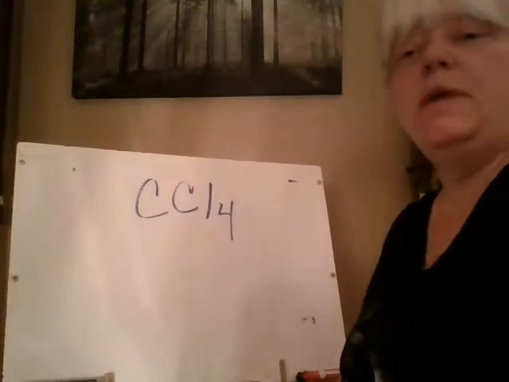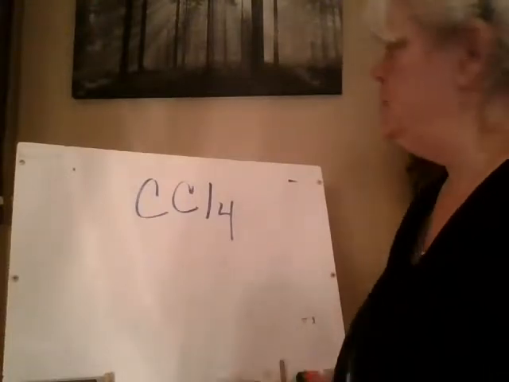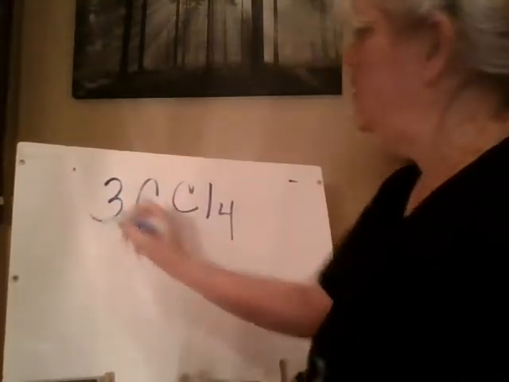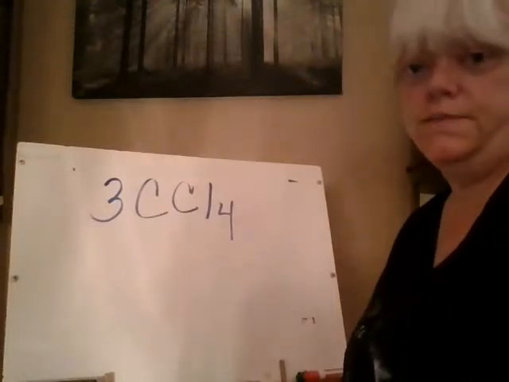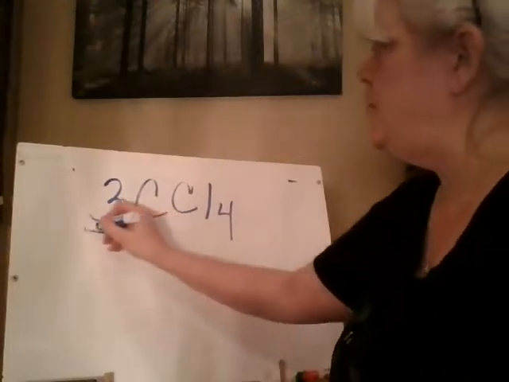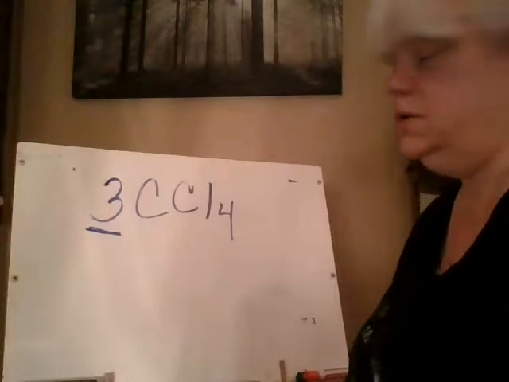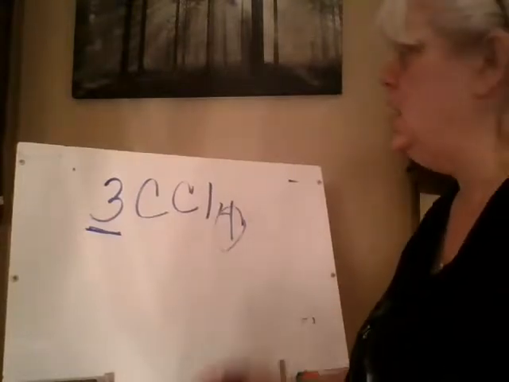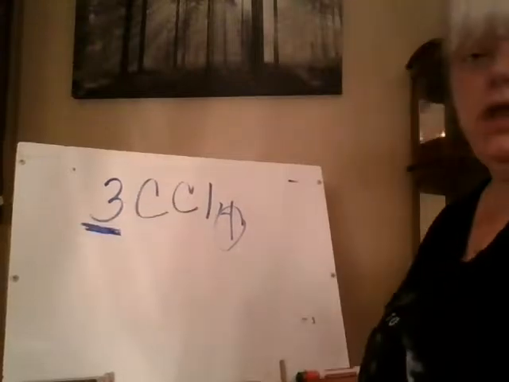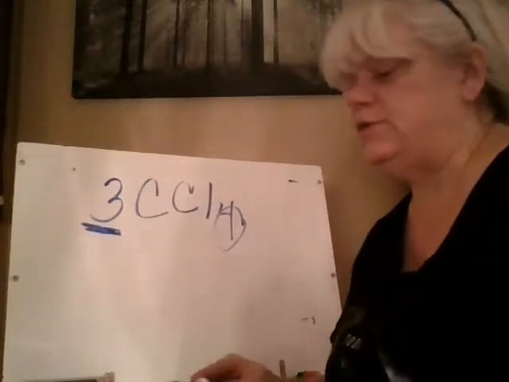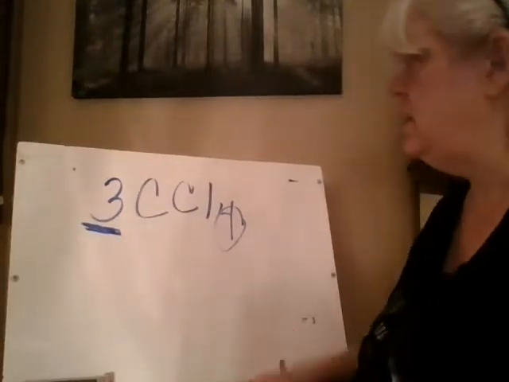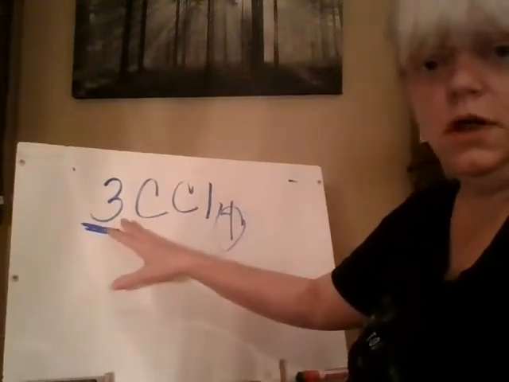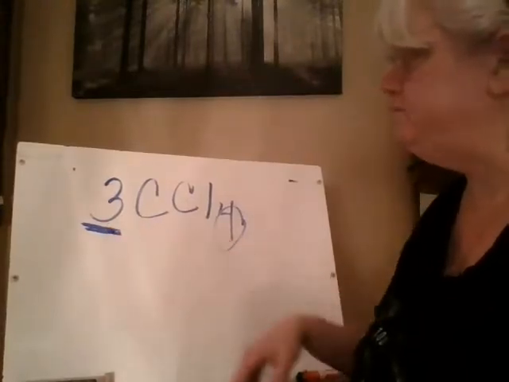But I'm going to make it a little different this time. So I'm going to put a 3 in front of it. Now this is what we call a coefficient, and this is the subscript. Okay? So a coefficient is always found as a number in front of the compound, in front of that formula.